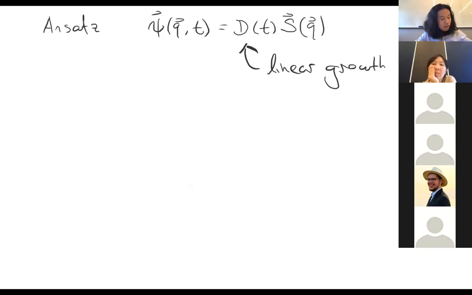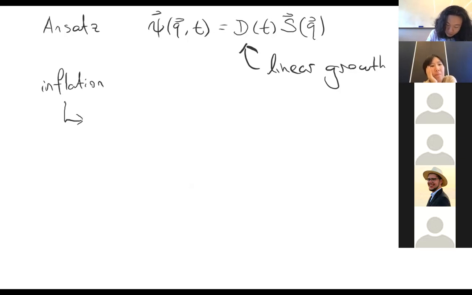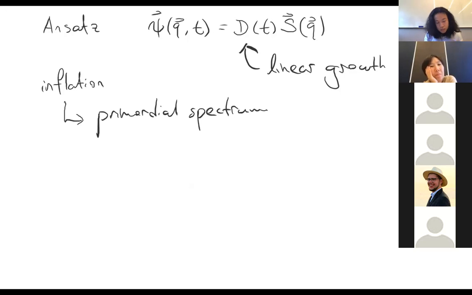So the linear growth factor, you can think of it as during the early universe, after the CMB and all that happening, your initial primordial power spectrum, which is the power spectrum you get after inflation, gets modified by the CMB transfer function.